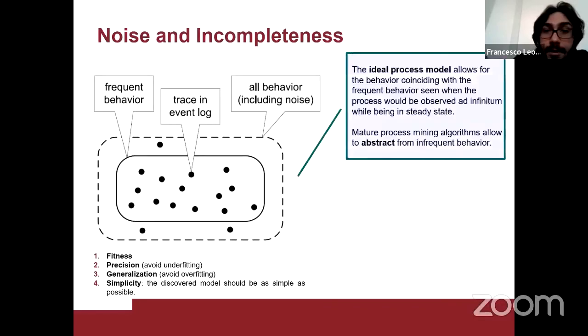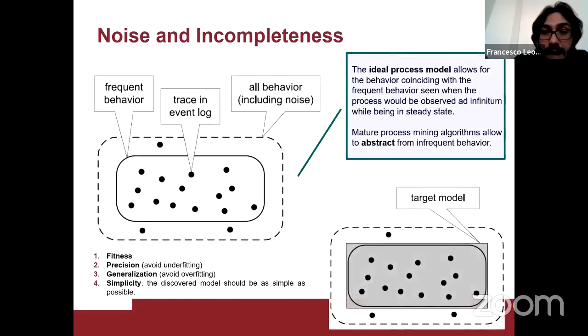In particular, when we obtain a model from process discovery, we can measure the quality of this model by using 4 different measures, which are fitness, precision, generalization, and simplicity. Actually, these are the most famous metrics. There are many more metrics. So what we can see here is that in the left part of the slide, in the solid line, we see the traces in the event log.